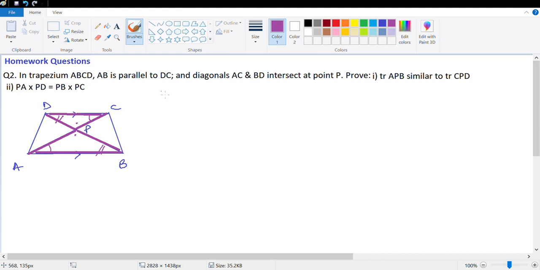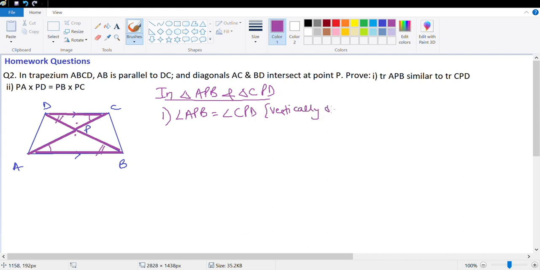So let's write this down. In triangle APB and triangle CPD, what we have is point number 1, angle APB is equal to angle CPD, vertically opposite angles.